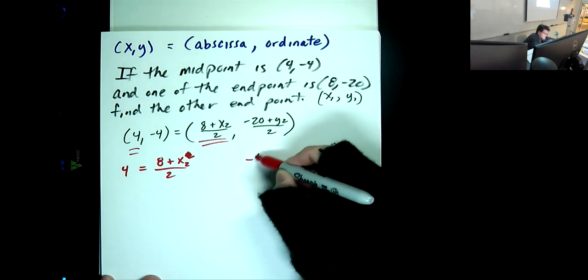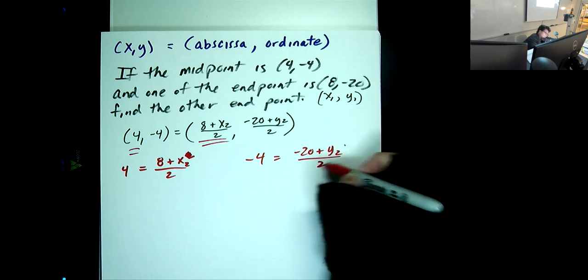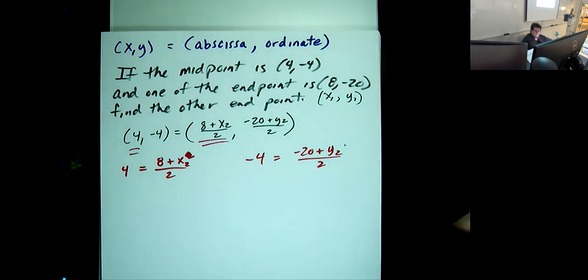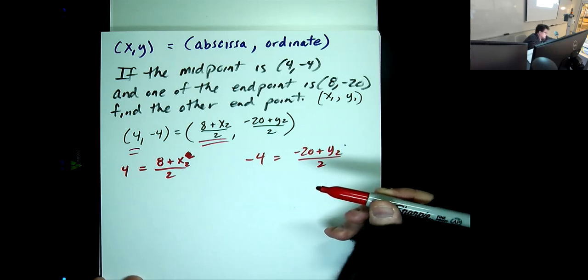And I can do the same for the y values. So I'm going to multiply both sides by 2.